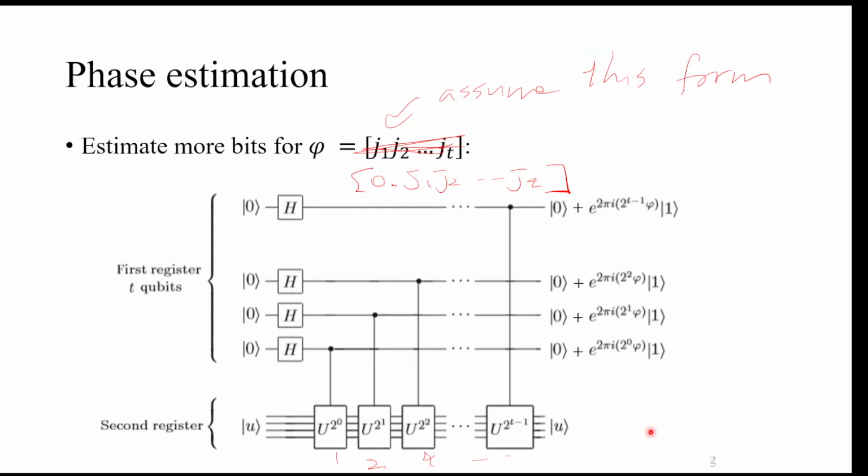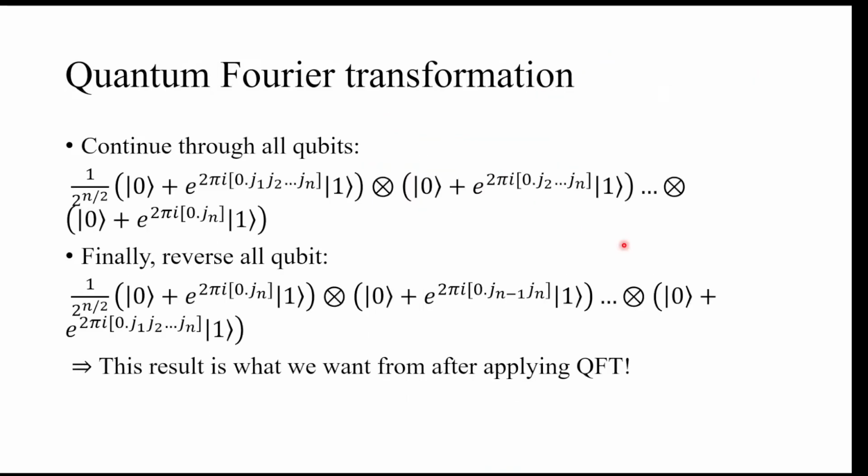And so what will happen is, the more times you control U, you get your phase times more. Here you got 2 to the 0 times your psi, here 2 to the 1 times your psi, here 2 to the 2 times your psi, all the way to 2 to the t minus 1 times your psi.